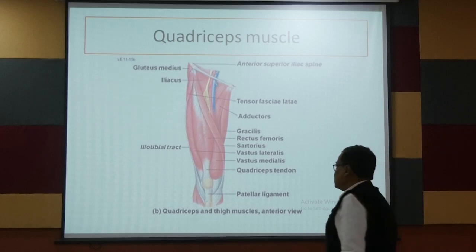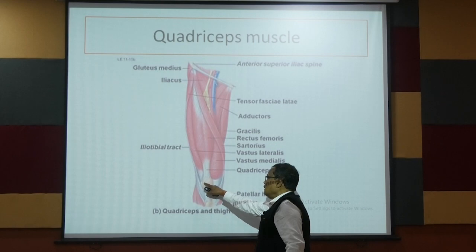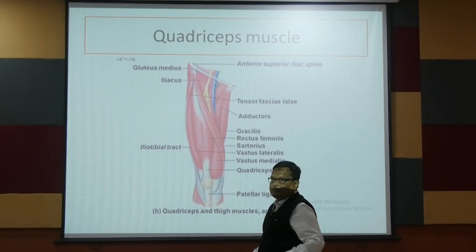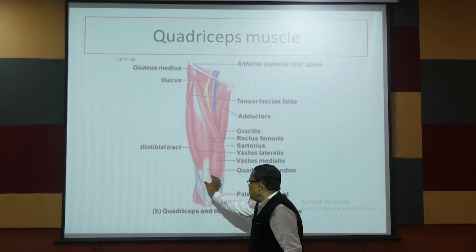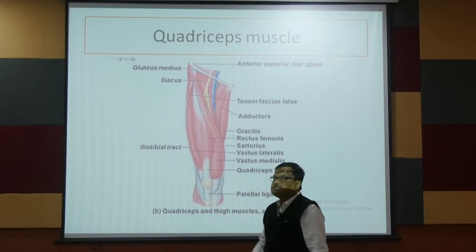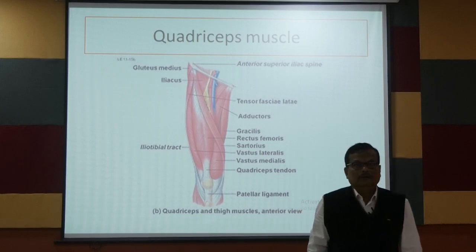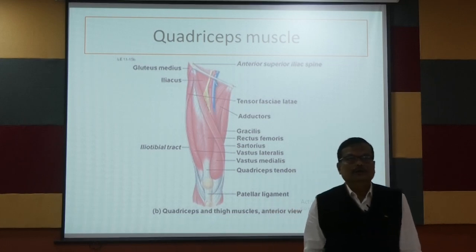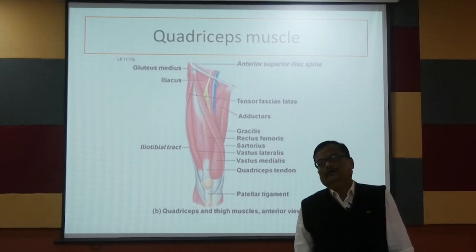All these muscles converge and form a tendon, and through the tendon they are attached to the patella. And from the patella, the combined attachment extends as a ligament, like a strong rubber band, to attach to the tibial tuberosity, and this ligament is known as the ligamentum patellae.